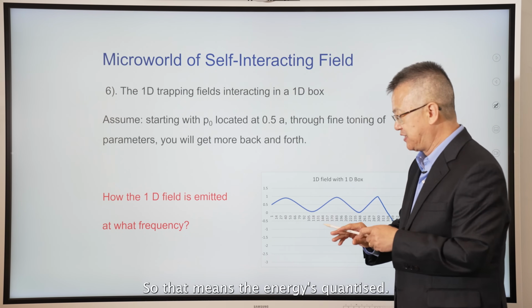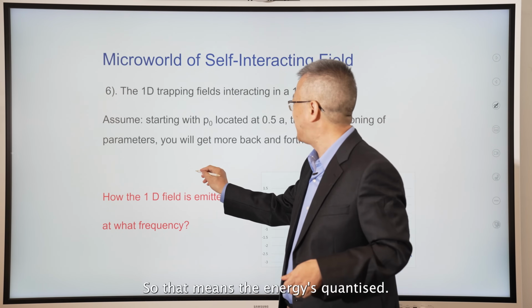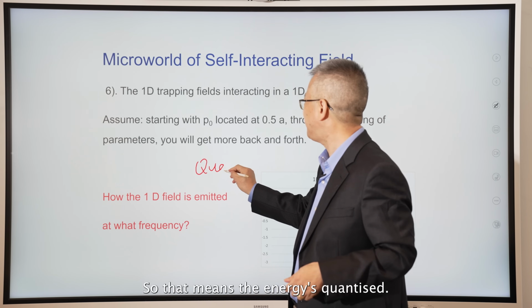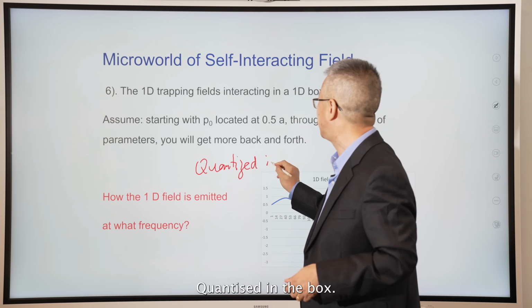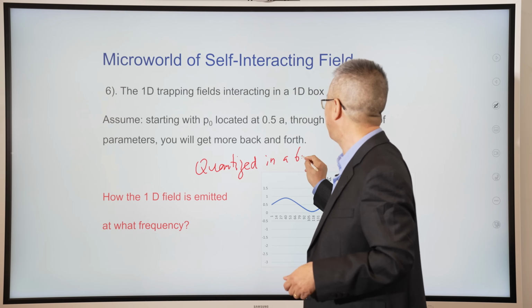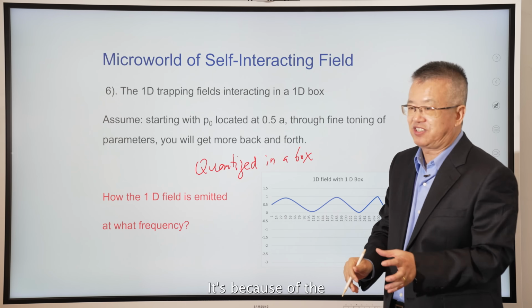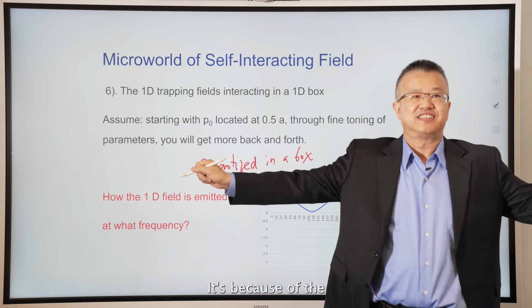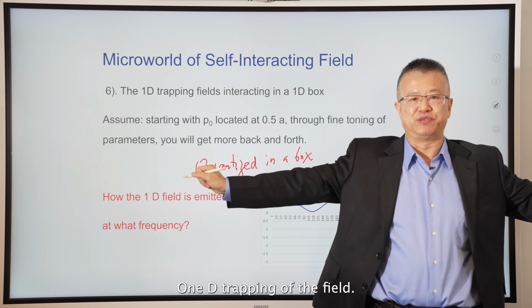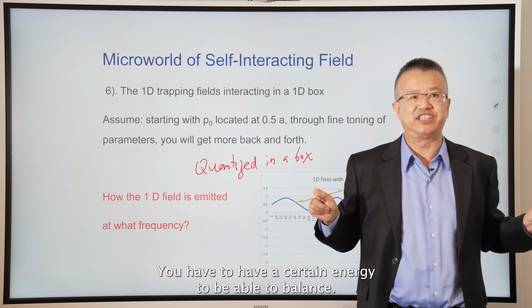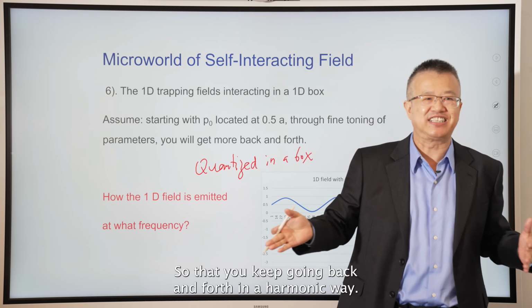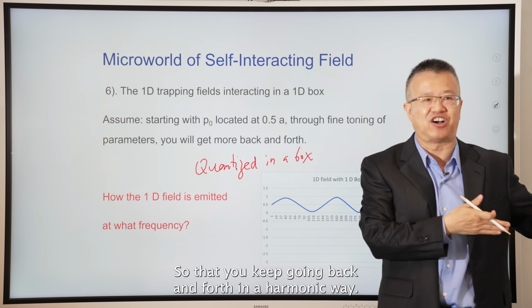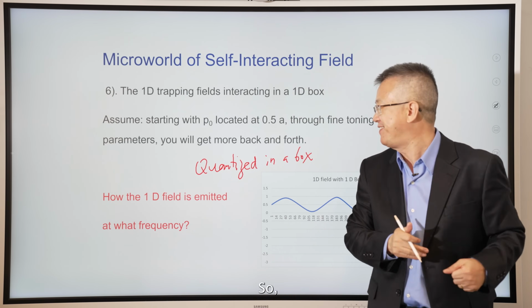So that means the energy is quantized in a box. It's because of the 1D trapping of the field. You have to have a certain energy to be able to balance so that you keep going back and forth in a harmonic way.